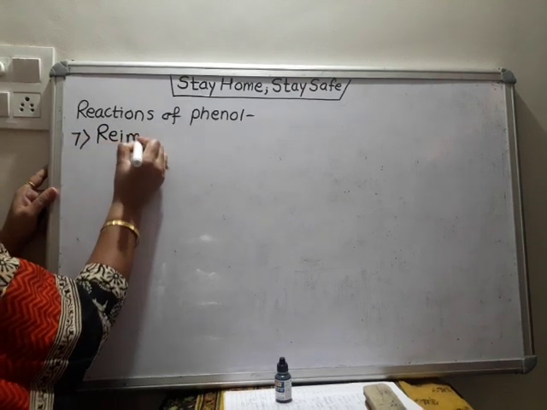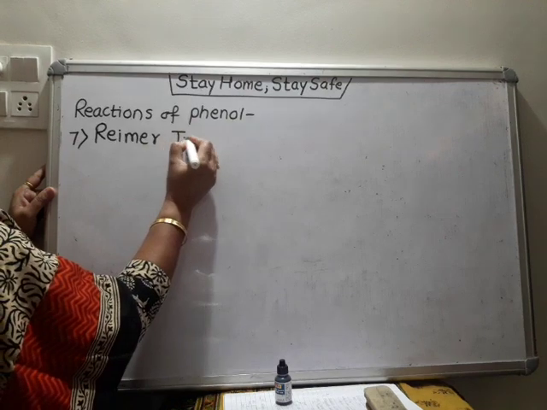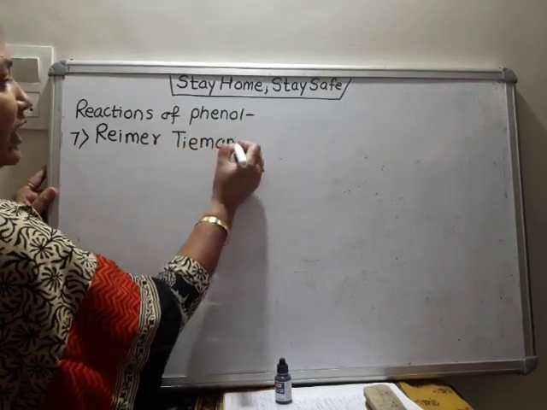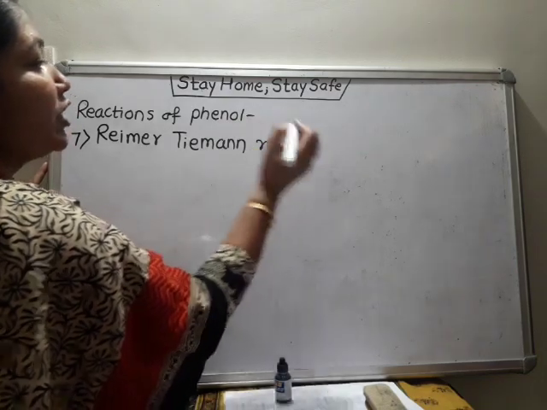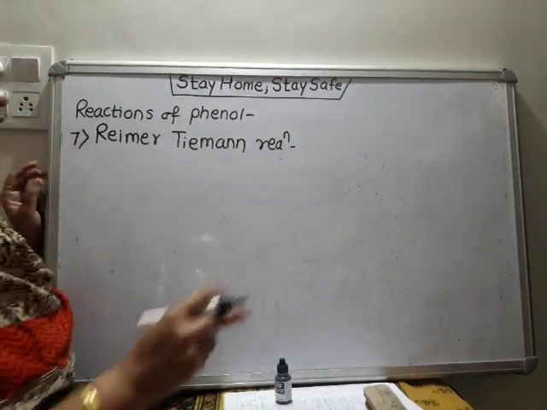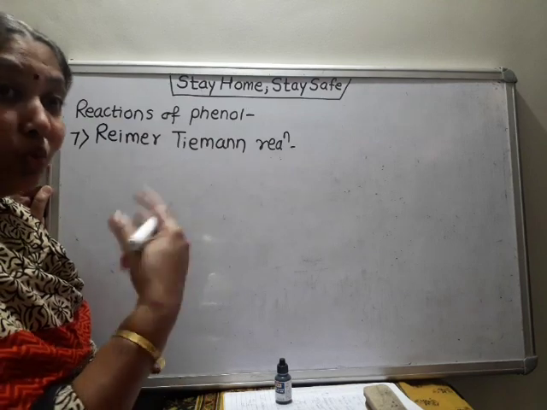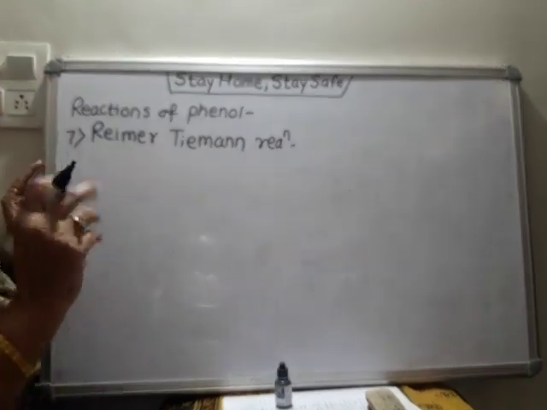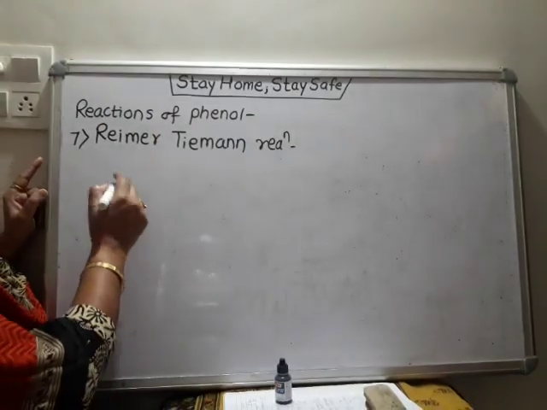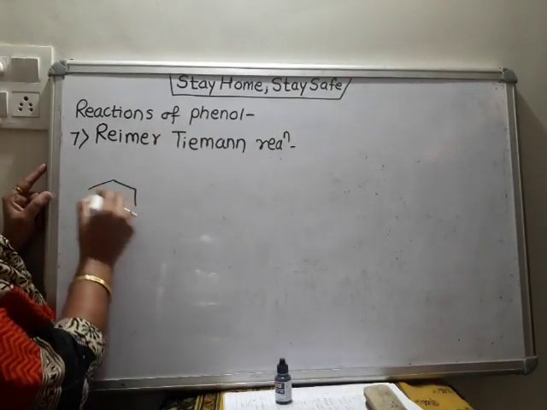Riemer-Tiemann reaction. Sounds funny, but this is the name of the reaction, Riemer-Tiemann reaction. Okay, so in this reaction we can convert phenol to salicylaldehyde. Now what is this salicylaldehyde? We will discuss. See, so we have here phenol.